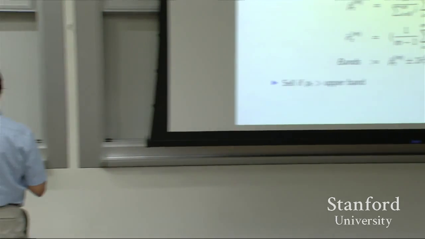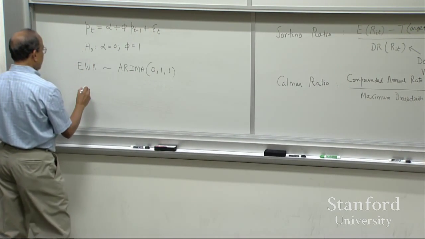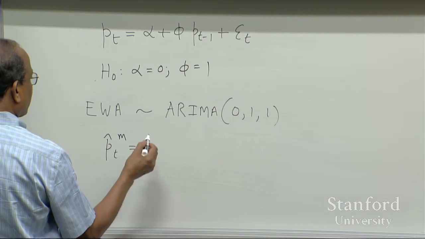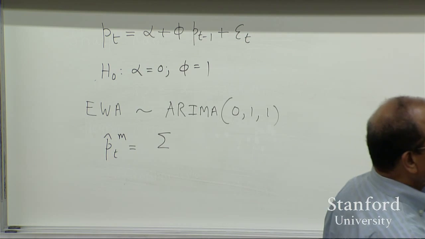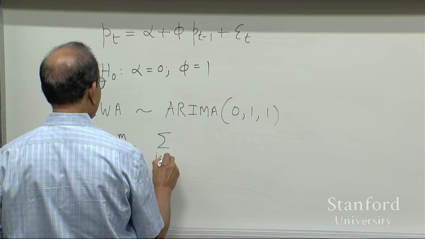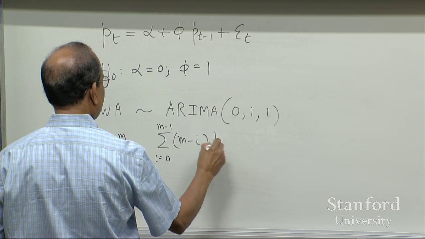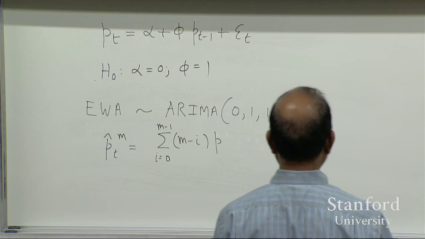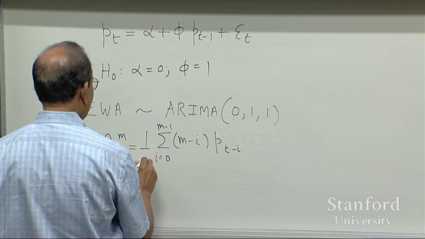The P hat is given as the sum of (m minus i) times P of (t minus i), over the sum of i.